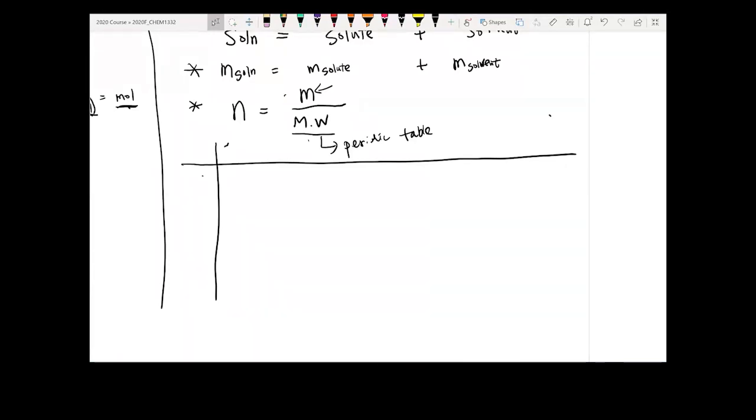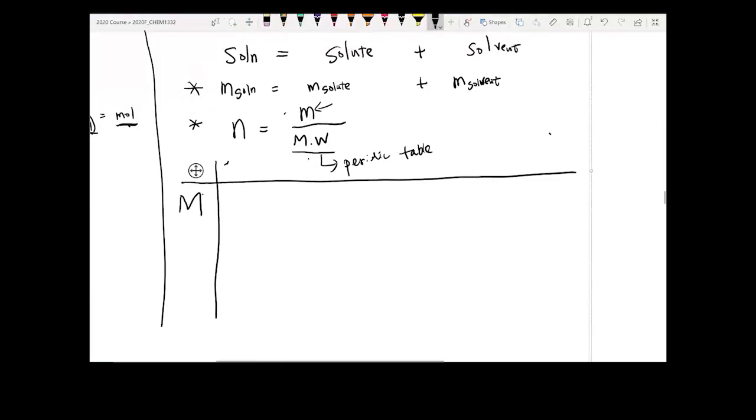The first one is the molarity, the capital M. What you need is the volume of your solution and the number of moles of your solute. So your M is simply equal to the number of moles of your solute divided by the volume of your solution.